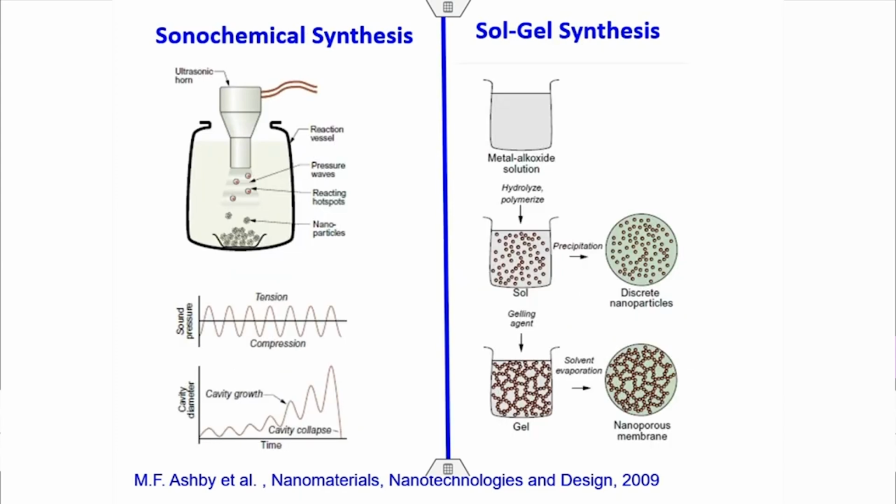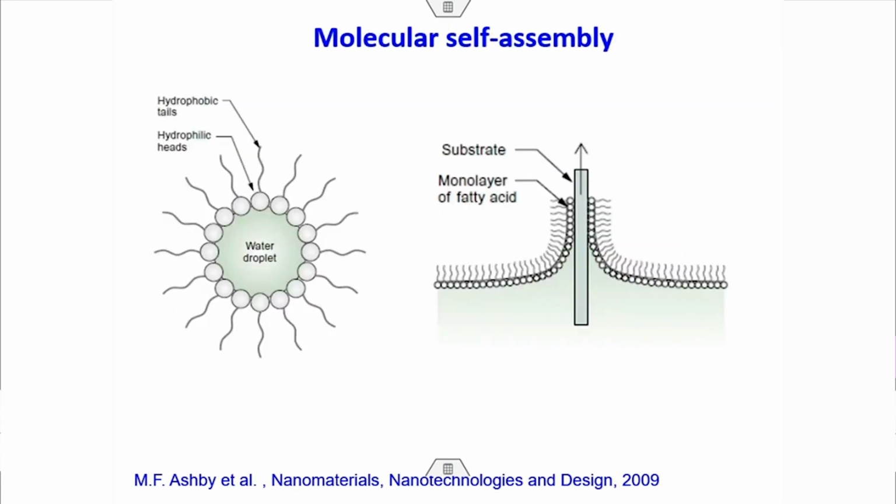A few of these techniques: sonochemical, which is used for 0-dimensional nanoparticle preparation, uses sound waves or ultrasonic waves. Sol gel uses a mixture of sol and gel to prepare 0-dimensional nanoparticles. You can also do molecular self assembly, like micelle routes, to prepare 0-dimensional nanomaterials.